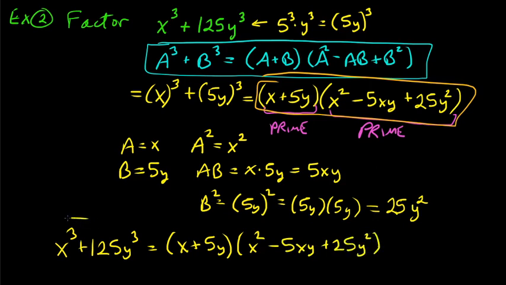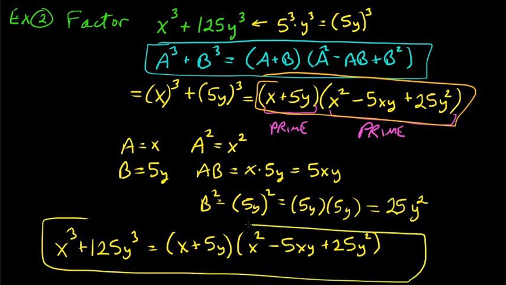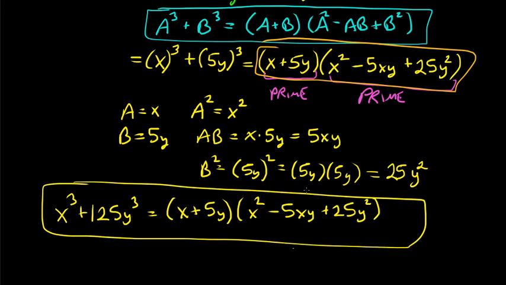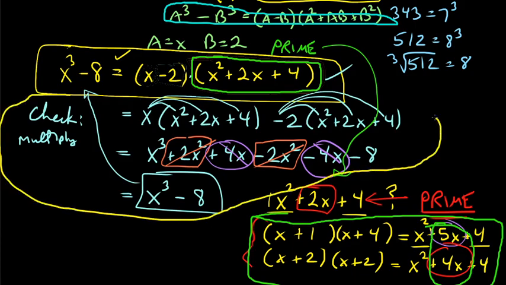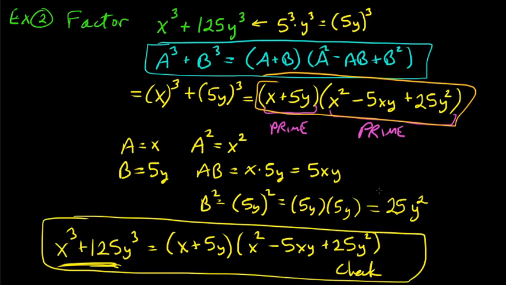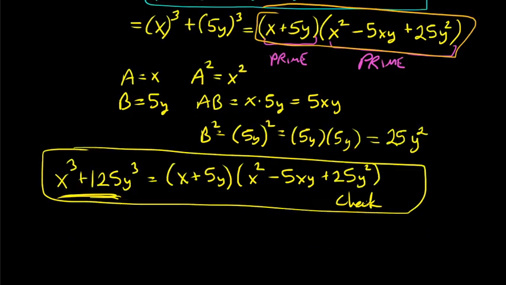And if you don't believe me, check, right? Just multiply this out term by term, and what you should end up with is this, right, on the left. So this time I'll leave it to you, right? I did check the last one. I checked that over here in blue. So it's always a good idea to check if you're not sure it's right.